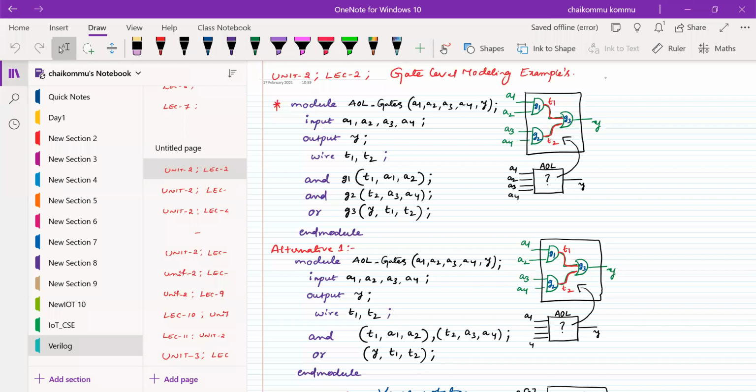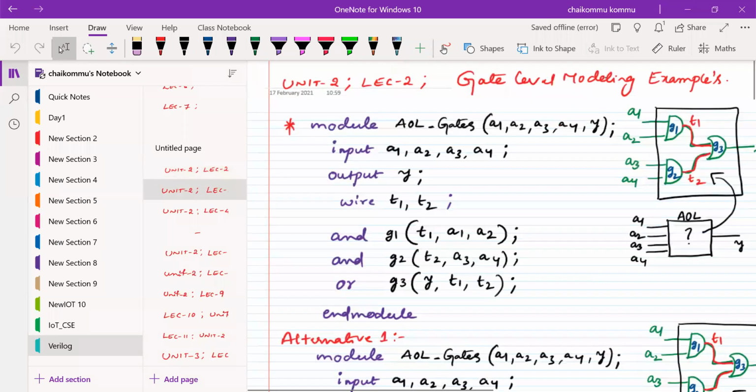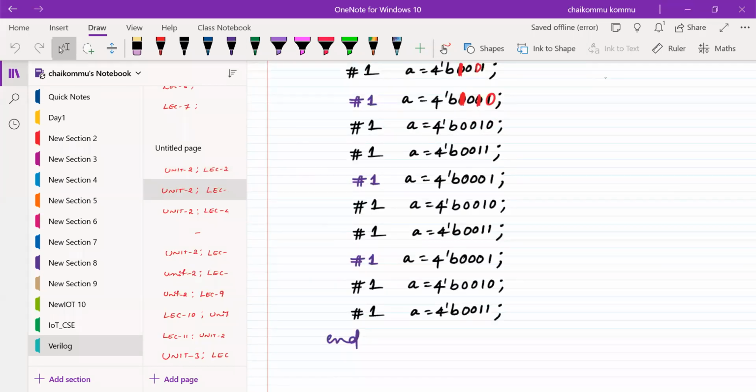For the modeling style that you use, the test bench is unique. The same test bench we have to use. No need to change the test bench if you are using a different modeling style.